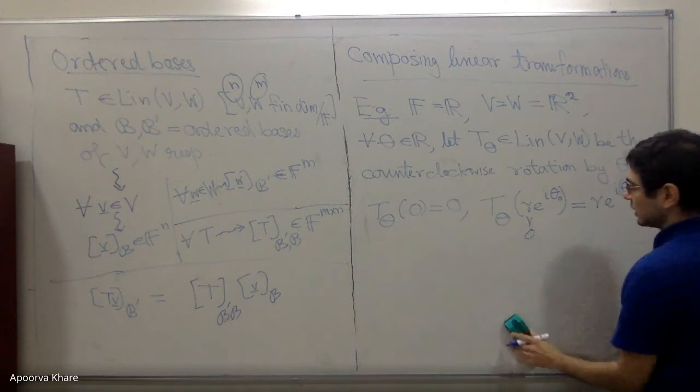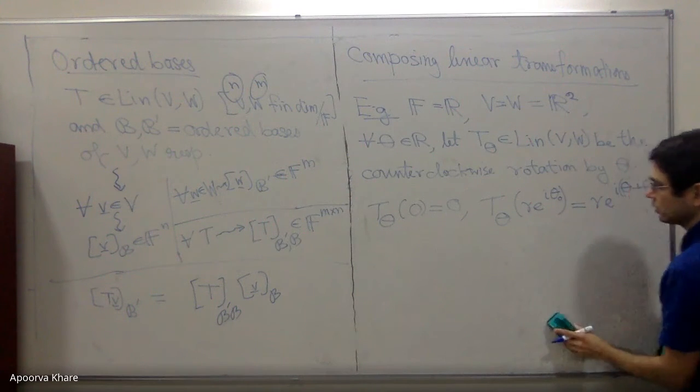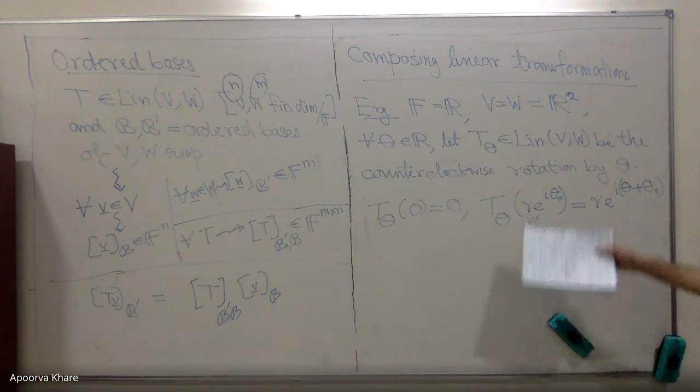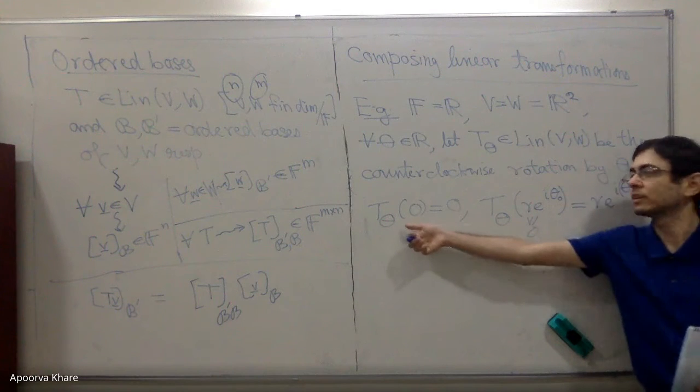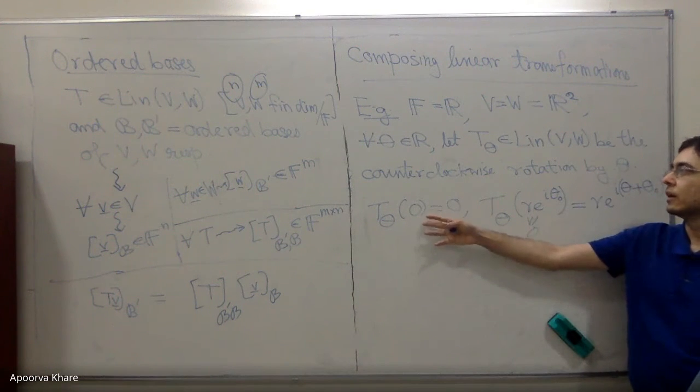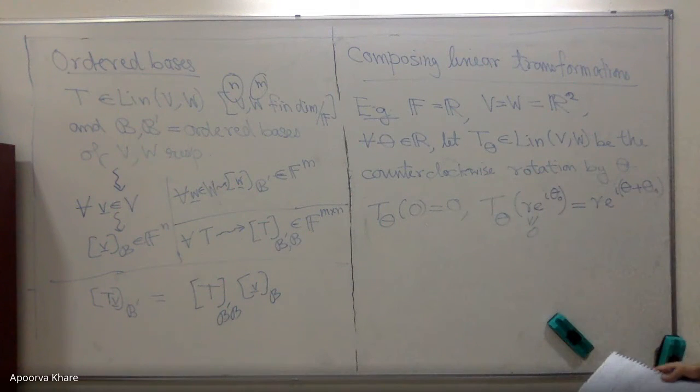Actually, I don't even need to say r is bigger than 0, r can be bigger or equal to 0. So this is a polar coordinates equation, but the point is that you can write the matrix of this down with respect to the standard basis, as in your homework 4 or 5 or something.